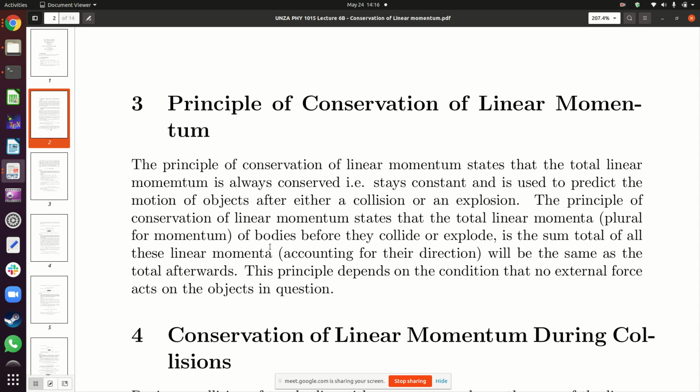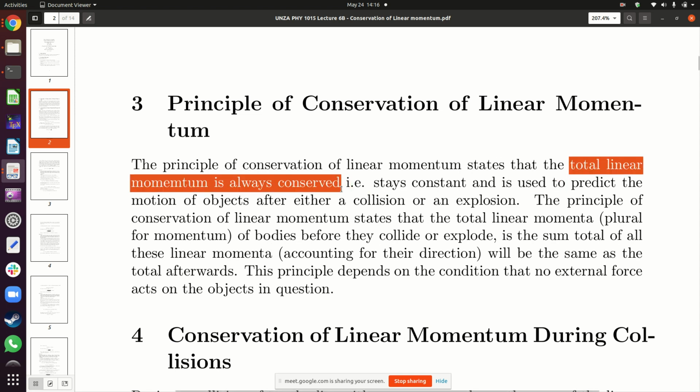Then the principle of conservation of linear momentum says that the total linear momentum is constant. It's conserved. The total linear momentum is always the same before and after a collision or an explosion. The total linear momentum after a collision or an explosion has to be the same as the total linear momentum before.